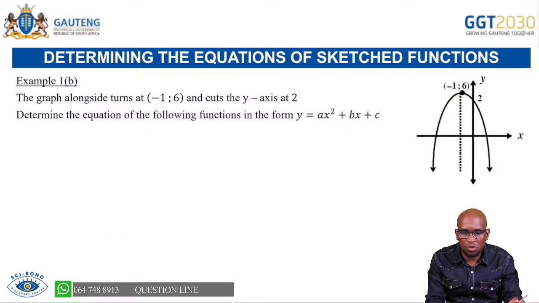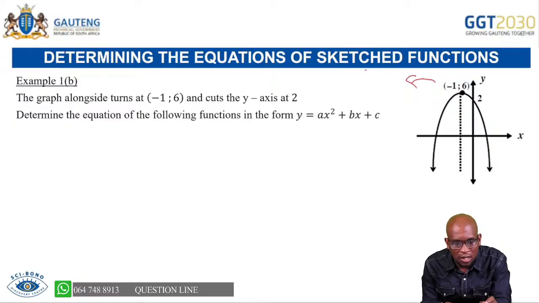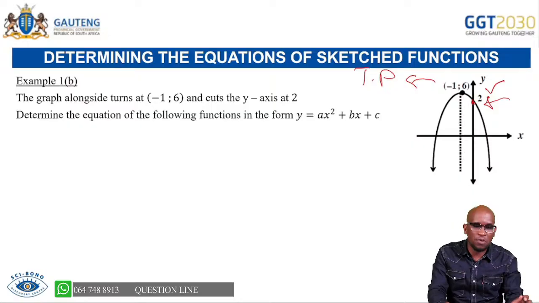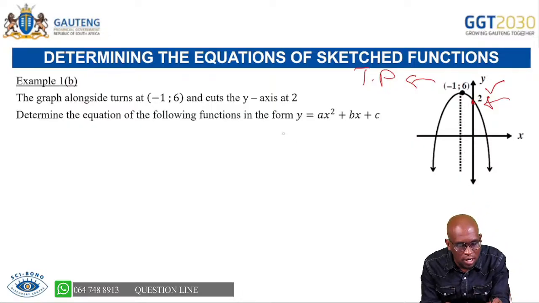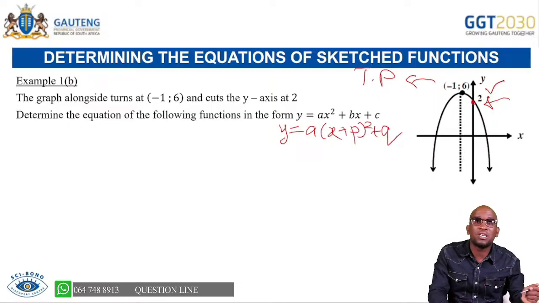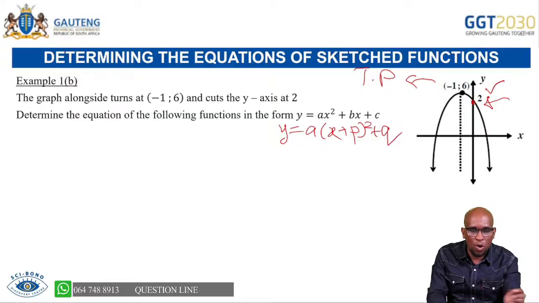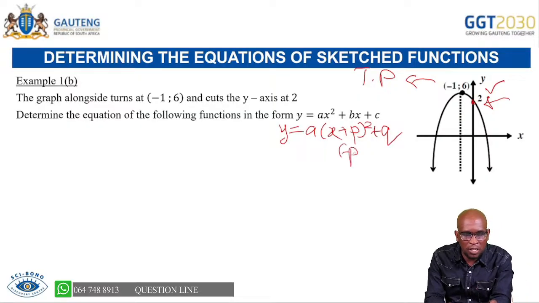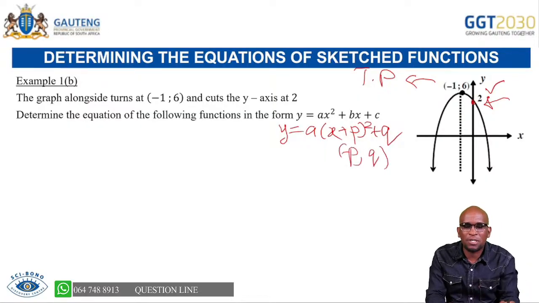Now, if you look at this one, we are given the turning point and an additional point. If we are given the turning point and a point, remember I said we will revert to y equals a(x + p)² + q. That is the turning point form, where negative p and q represent the coordinates of the turning point.